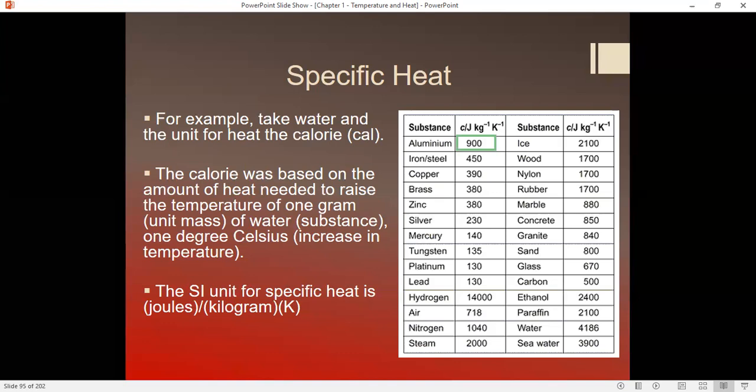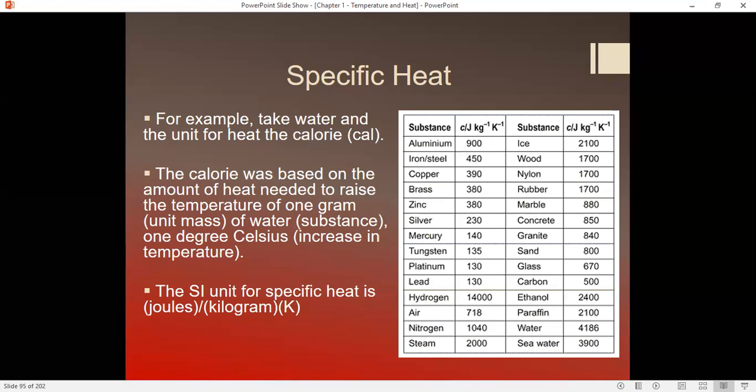Iron is much denser, so about twice the specific heat. And then even heavier materials, copper, brass, silver is very dense. Look at mercury, lead. As the metal gets denser, generally the specific heat gets smaller and smaller. Okay.